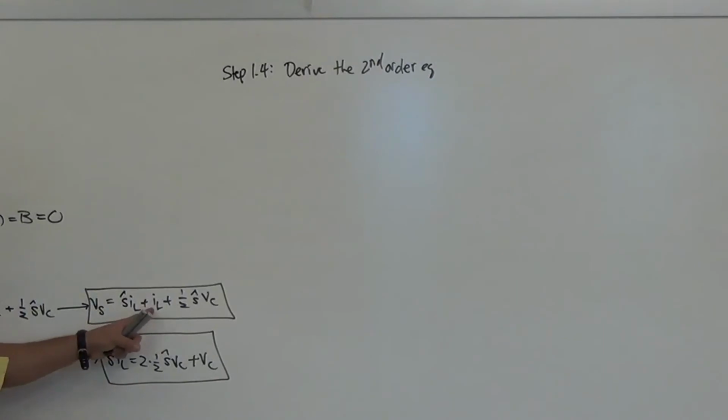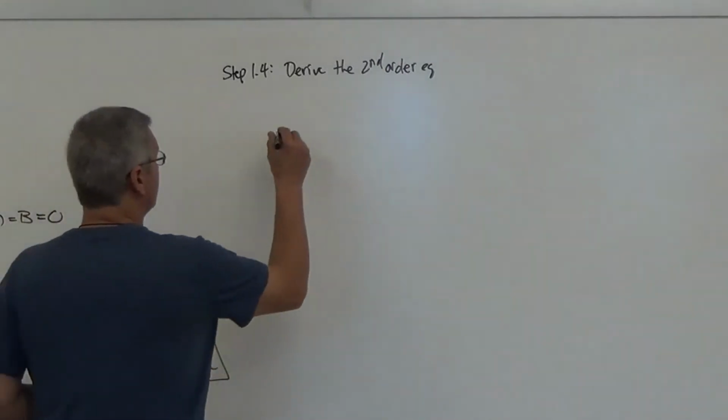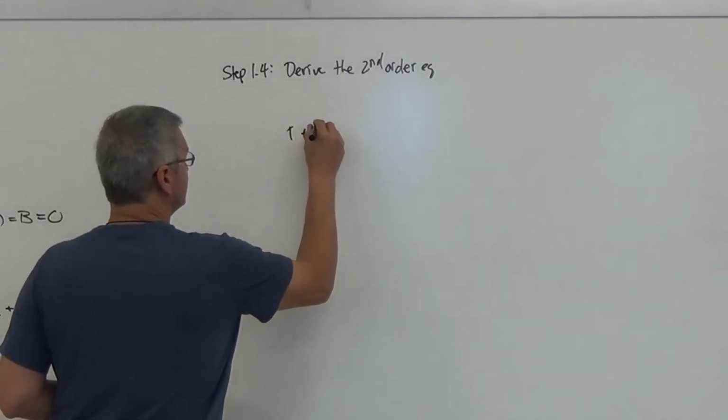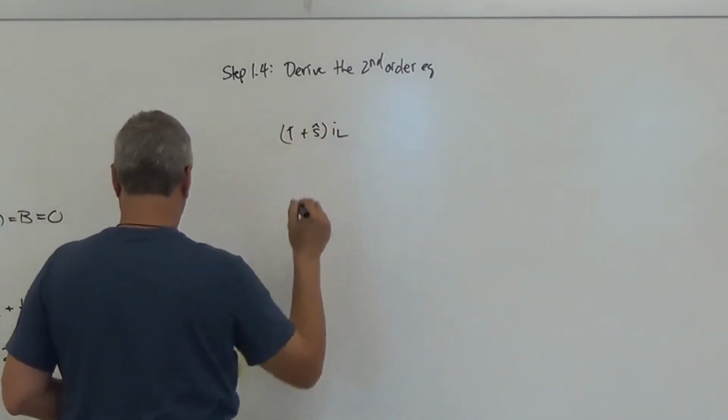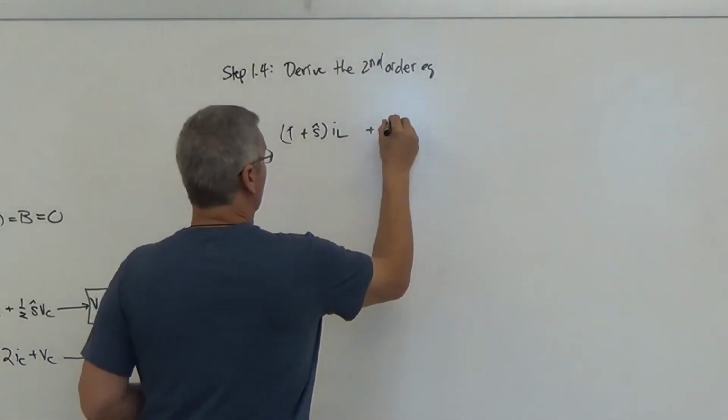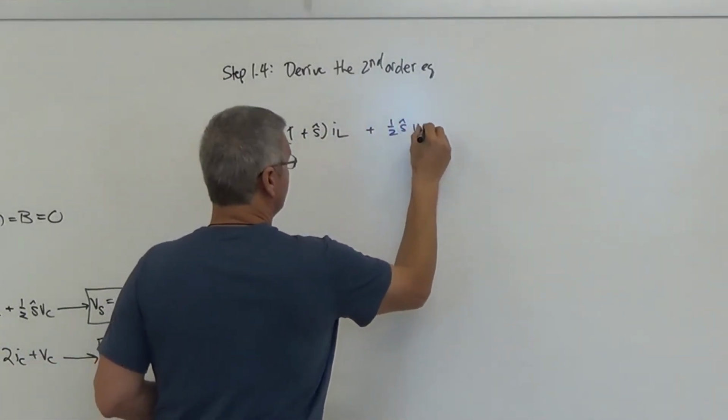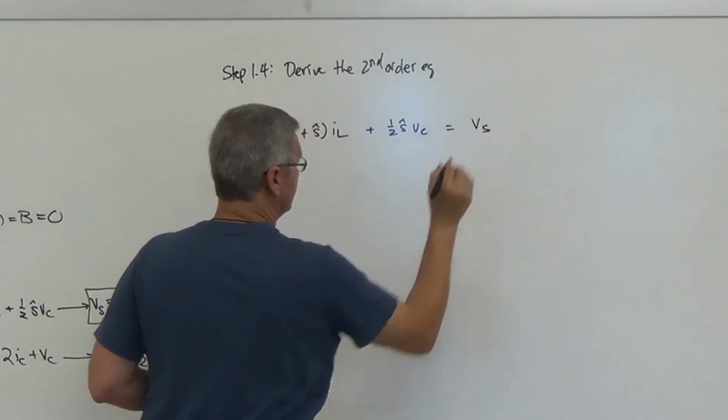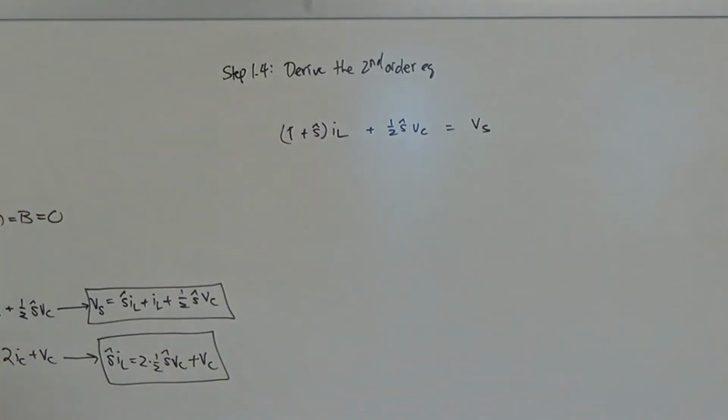I think I'll stick with IL as variable 1, and then I'm going to make VC variable 2, just like it says up there. So here I go. I'm going to write the first equation down. So it should be what? 1 plus S hat IL plus 1 half S hat VC equals VS. That's equation 1.